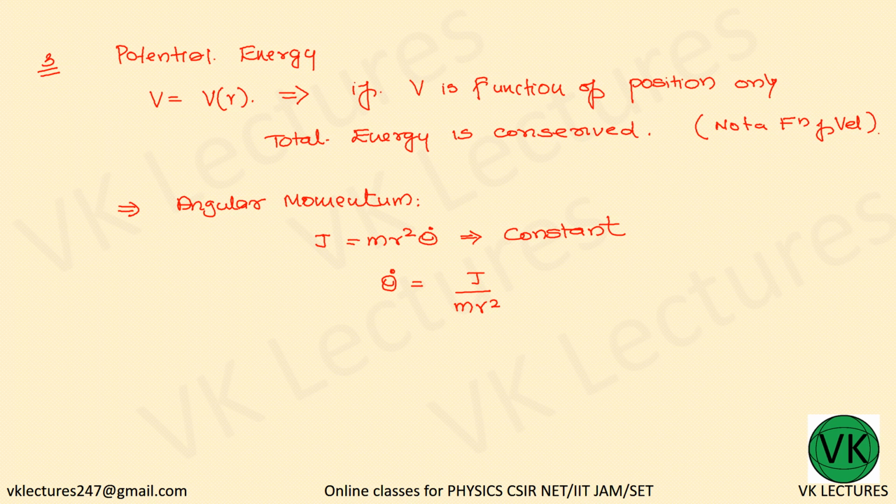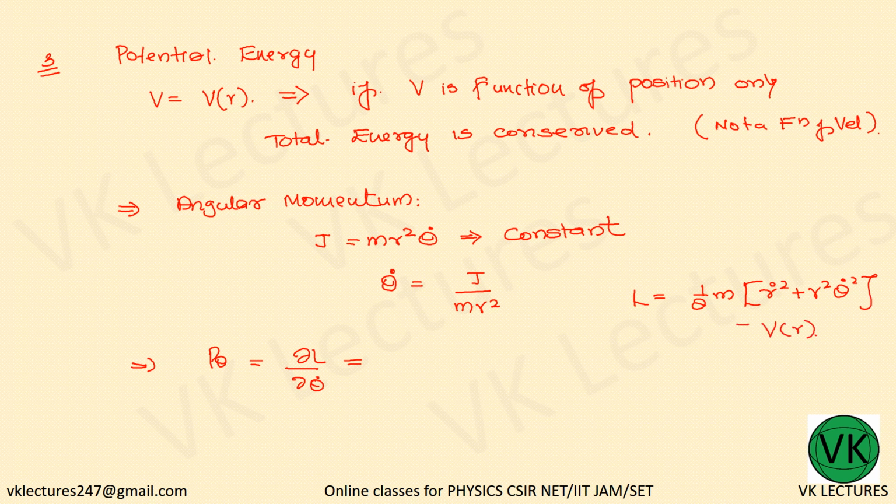Now this is because we know p theta is equal to dou L by dou theta dot, and the Lagrangian is L is equal to half m, r dot square plus r square theta dot square minus V of r.